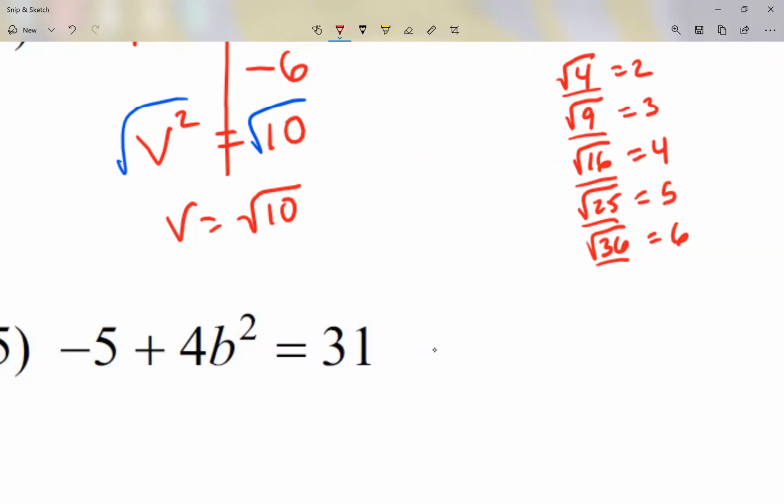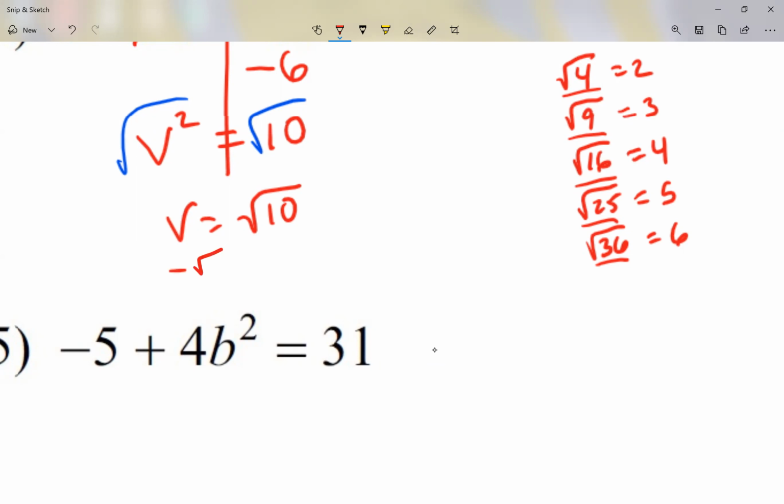In this case, I cannot. We can think of 2 times 5. Yeah, 2 times 5 equals 10, but neither the 2 nor the 5 is a perfect square. Like I said, I'll be able to simplify it if one of my numbers is a perfect square. So I cannot simplify.